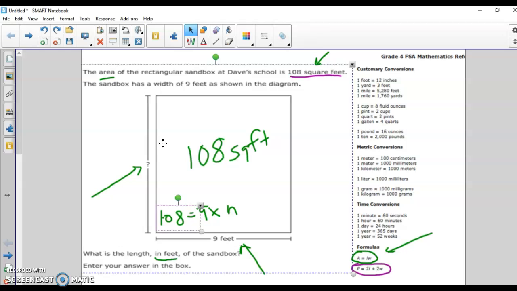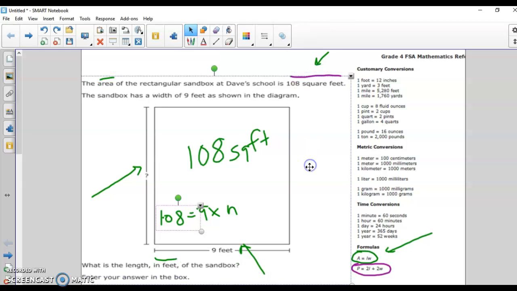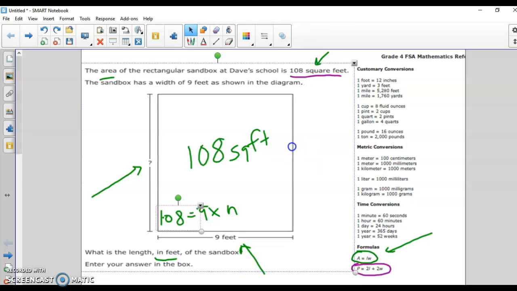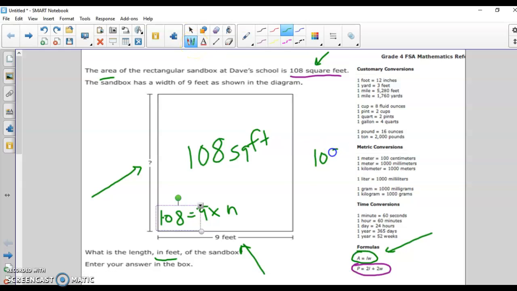There's multiple ways we could figure this out. We could divide 108 by 9. We could also use our 9 facts and multiply 9 by a certain number to get 108. Most of you already know that fact. But for those that don't, I'm going to do a quick division here.